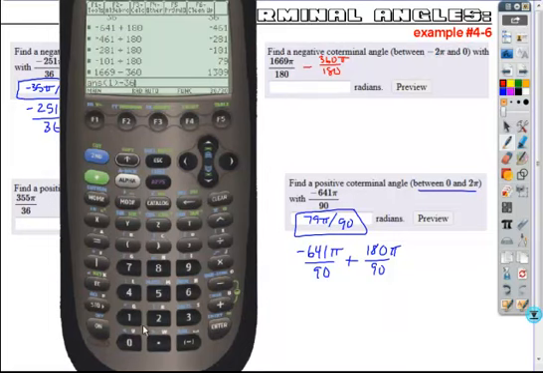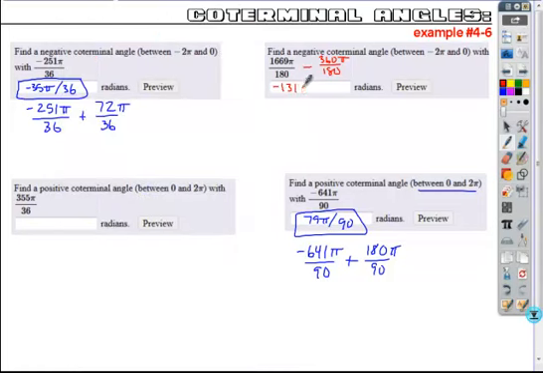Again, I could have multiplied knowing that I'm going to have a few. But here I see my next one will give me a negative number from negative 360 to 0. And so my answer is negative 131, and just carry along my pi over 180.